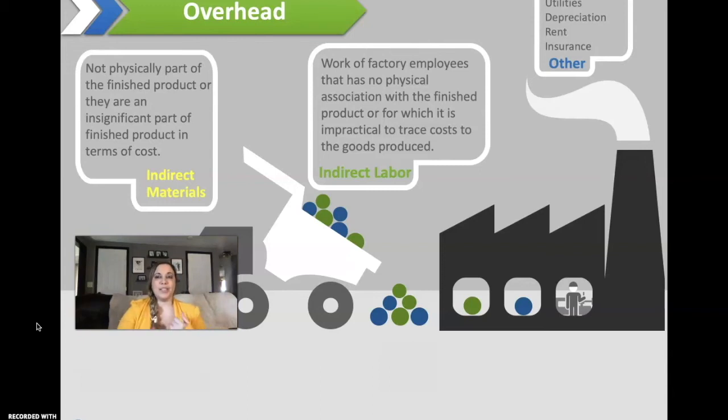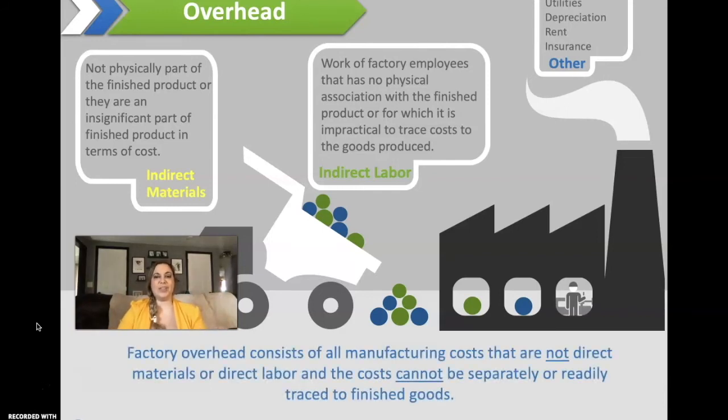So what they spend on utilities, so the electricity, the heat, the water, what they spend on rent or insurance, just anything else that is a cost, it's an expense related to the factory would go here into overhead. So, as a summary, we have direct material, direct labor, and then overhead, everything else. Okay, so all manufacturing costs that are not direct material and not direct labor, and that cannot be separately and specifically traced to the goods that we're producing.